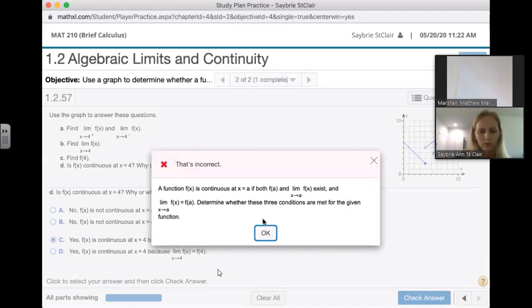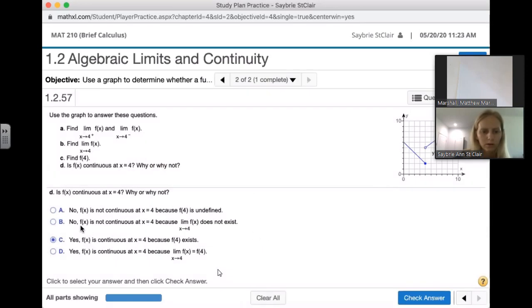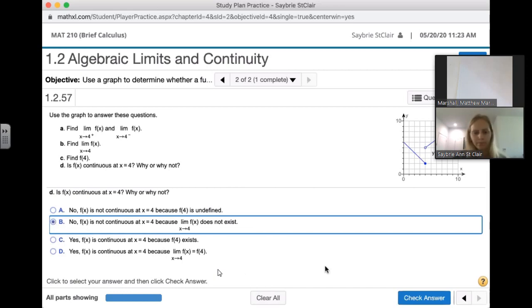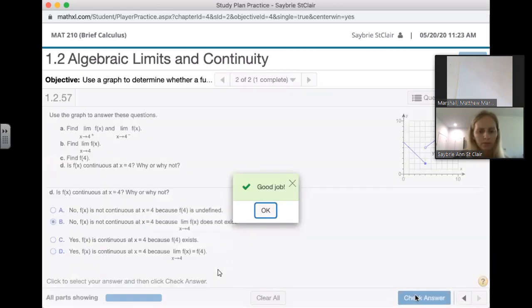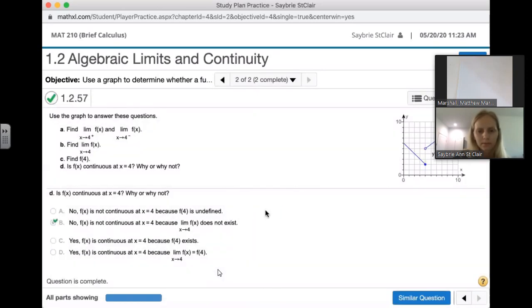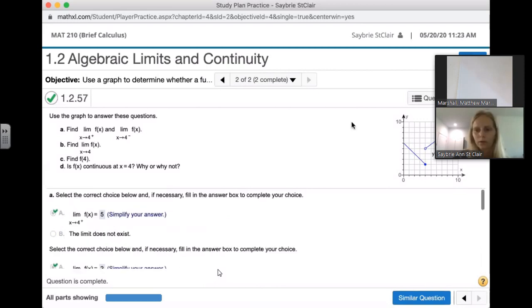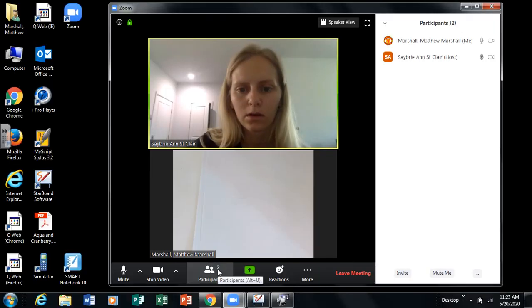What's it say? Maybe B. I mean, because there's a gap there, there's no limit. Maybe. Yeah. Okay, we got that one now. Sounds good.